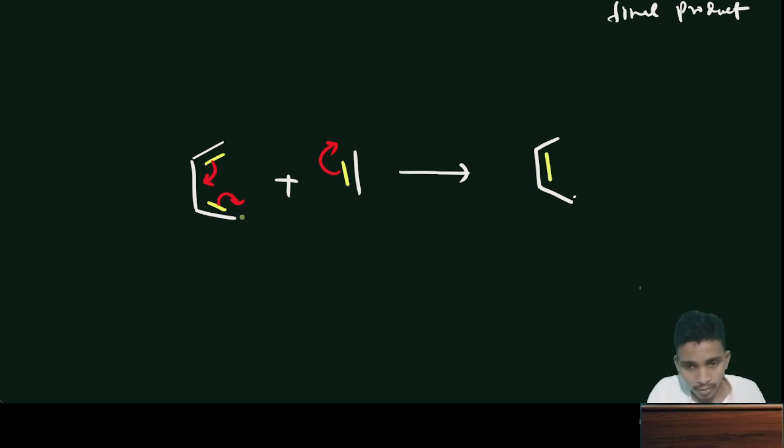Now this yellow one goes like this, and the white one was there already. So I write the white one here, and this yellow one moves like this. So this is what is formed.